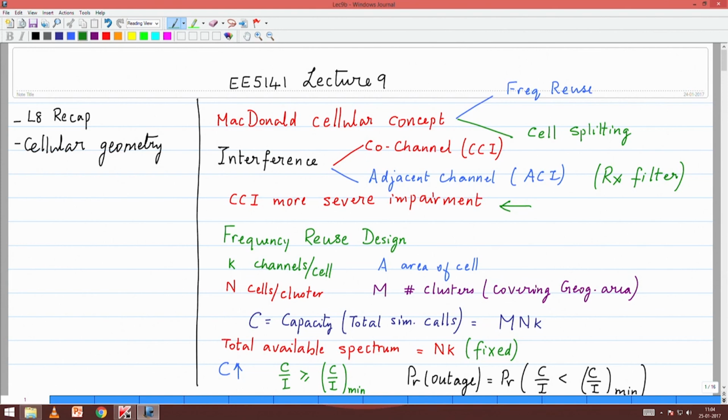So that basically says that the total spectrum that you have is n times k. Now that's what you are able to distribute, and as was clarified yesterday, you do not need to give k channels to each cell. You could distribute them unequally to make sure that you have unequal capacities, but at a baseline, designing it for uniform capacity would be a good starting point.